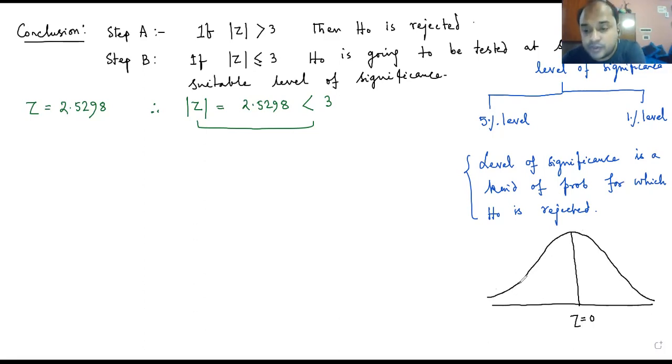Okay, 5%. Suppose this is a figure. This is the point that I am going to make over here. This is a point at equal distance from Z equal to 0. Now, if it is a two-tail test, then the normal curve will have two tails, isn't it? Let us call this portion T1 and this portion T2.